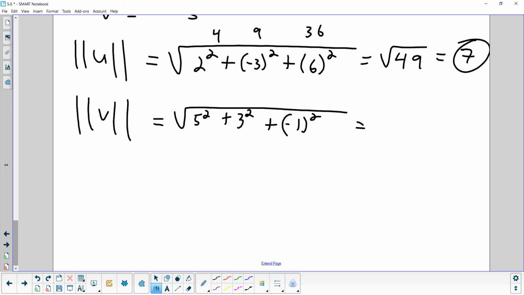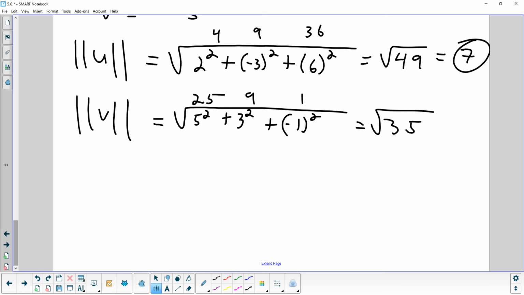And that's going to give me 25, 9, and 1. And Ben, if I add all those up, what does that give me? 35. Yeah, too bad it's not 36. That would have been a nice number we could have taken the square root of. But let's just go with that. So square root of 35.